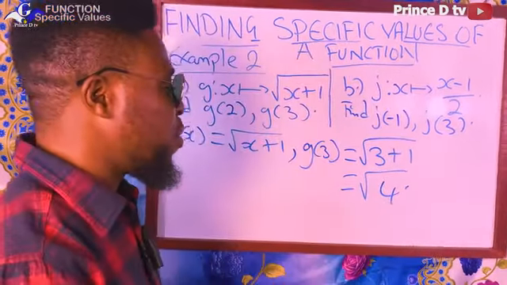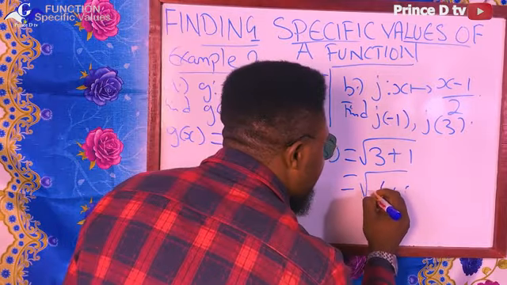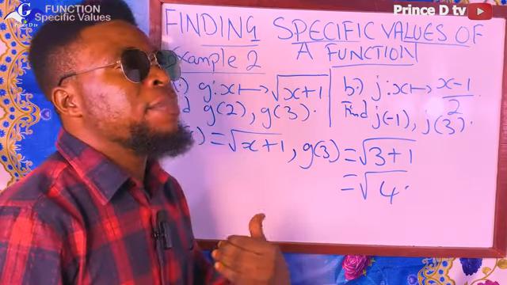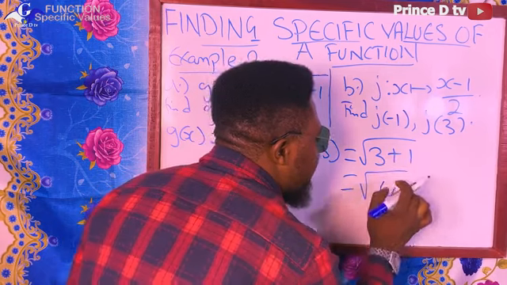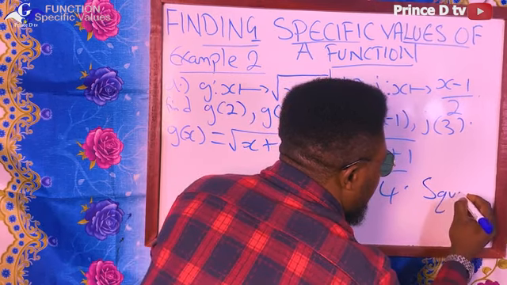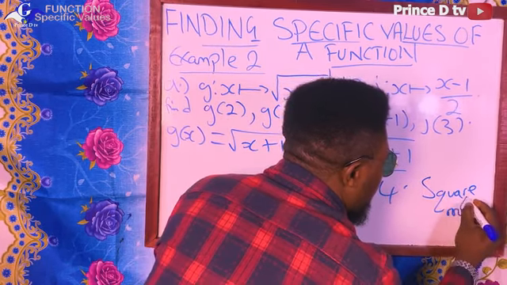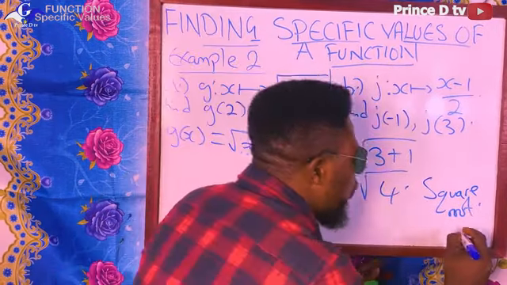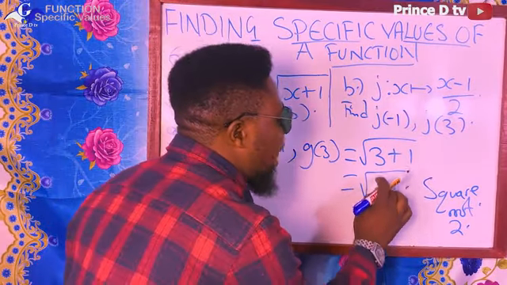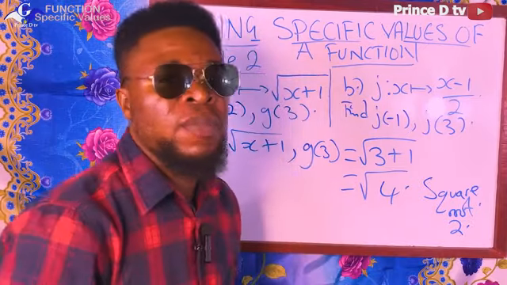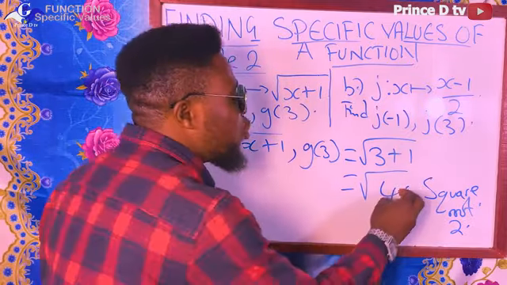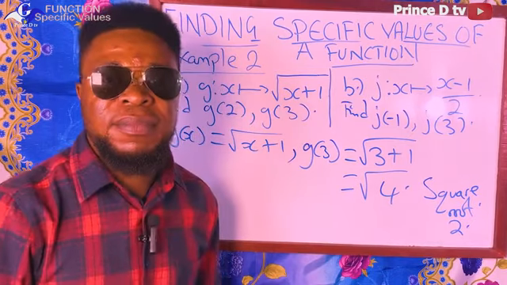And what's the square root of 4? This sign simply means square root, the number under this square root sign. Which number are you going to multiply by itself twice that will give you the number under the square root sign?